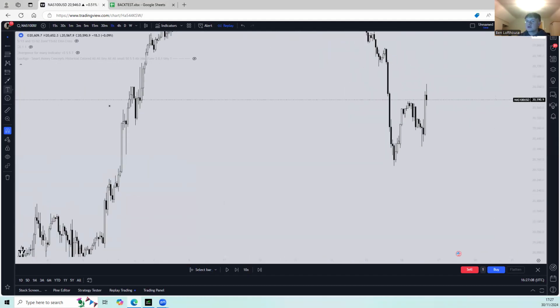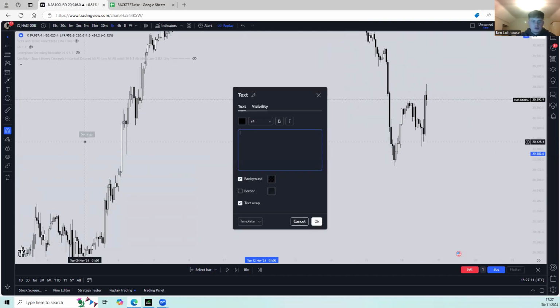So we'll do our little trade plan. Number one, first we have the 1 minute break of structure. Second confirmation is the 5 minute anchor candle slash imbalance. Third confirmation is the entry.